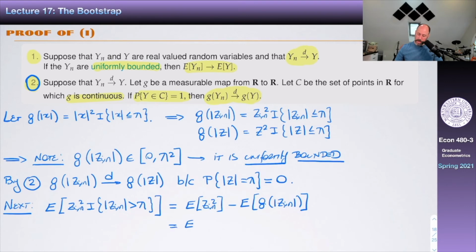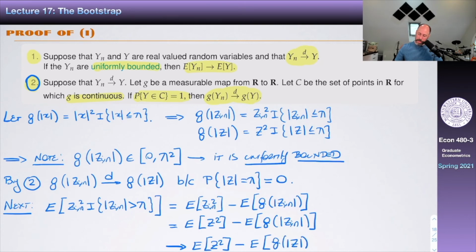This is the expected value of z squared minus the same expectation. This converges to the expected value of c squared minus the expected value of g of z, which is the expected value of c squared times the indicator that the absolute value of c is greater than lambda.